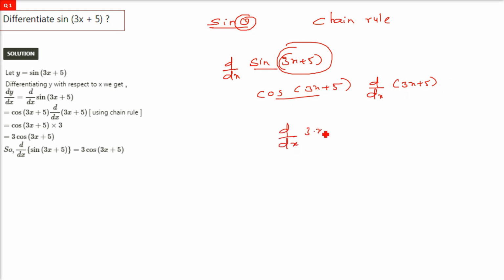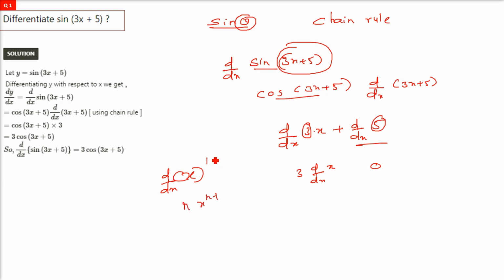And then d by dx of 3x plus 5, how to do this? D by dx of 3x plus d by dx of 5. So this constant always comes out. So you can call it as 5 into d by dx of 1, that is going to be 0. And 3 into d by dx of x, that is going to be 1. D by dx of x is 1. This is for x, it can be assumed to be power of 1.